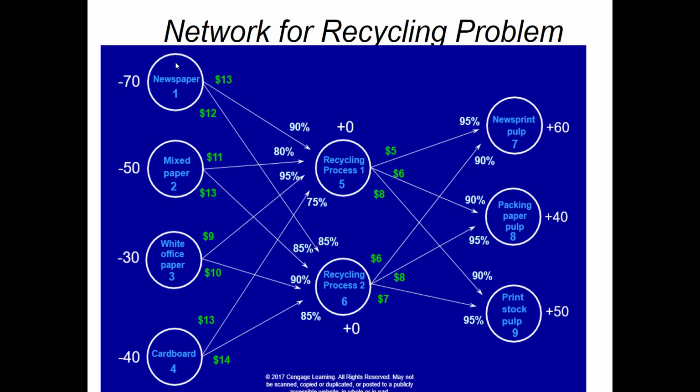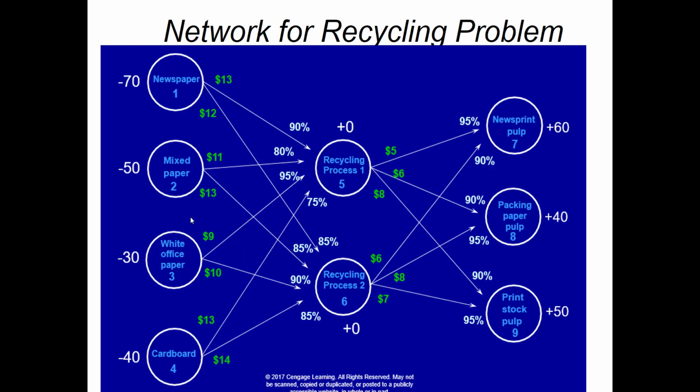So there is no need to use all the newspaper, so we may keep some of the newspaper in the warehouse. The inflow of this node is 0, so inflow 0 minus the outflow, X1 5 minus X1 6, should be greater or equal to minus 70. So this is the constraint for node 1.